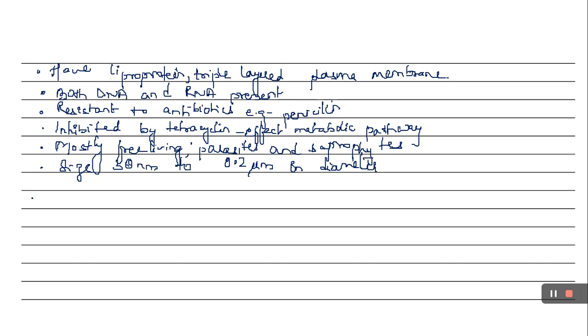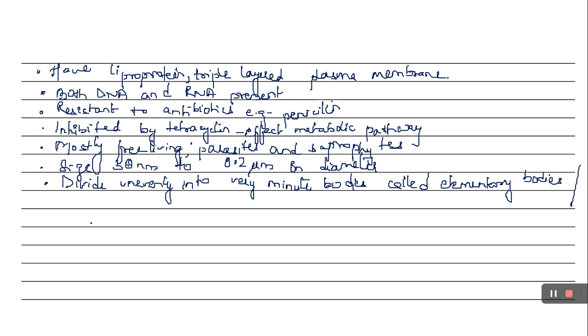What about the other characteristics? These mycoplasma cells divide unevenly into very minute bodies called elementary bodies, or minimal reproductive units, of size 330 nanometer to 450 nanometer.